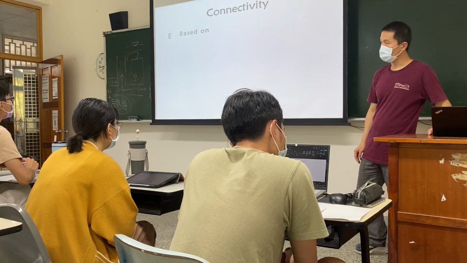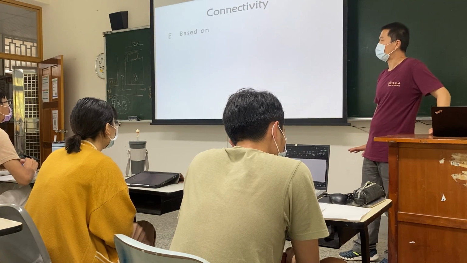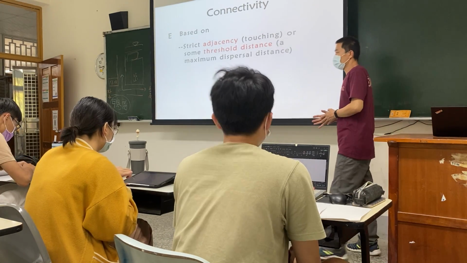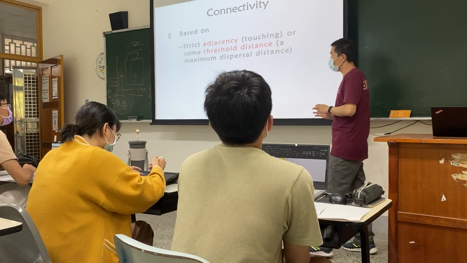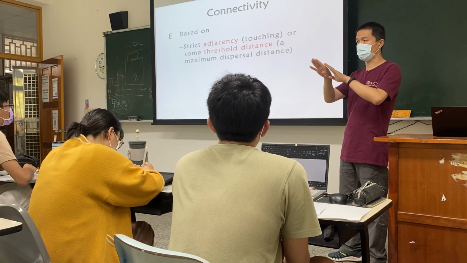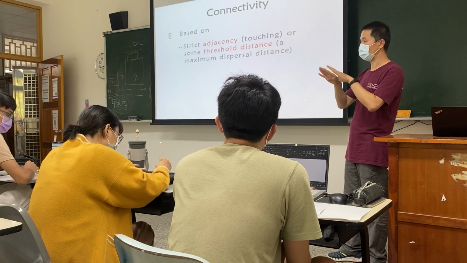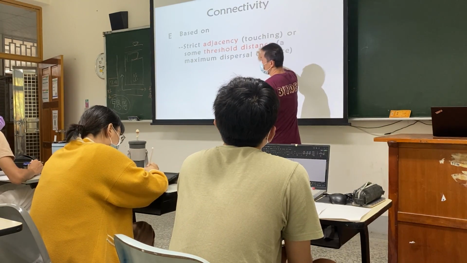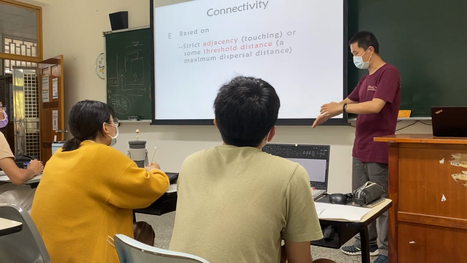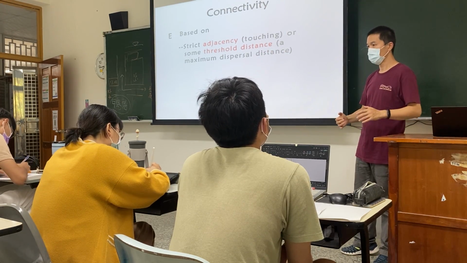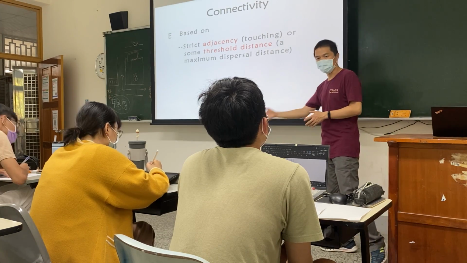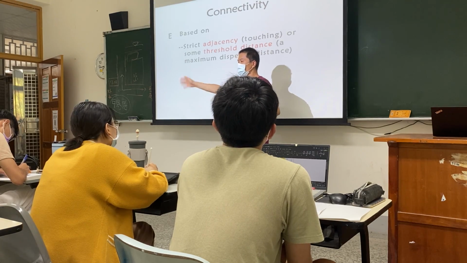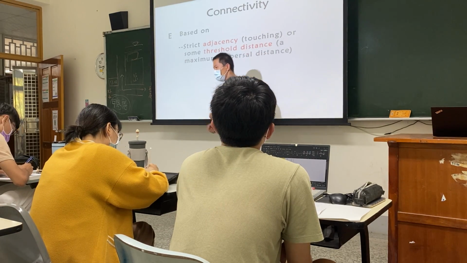So for all of these different types of connectivity metrics, it is sometimes based on strict adjacency. What I'm saying is that they are connected to different types of cover type. Or there is some threshold distance. That means, okay, I like the forest, but I can sometimes go out to the grassland, and as long as there is some forest there as well, I can just run fast.